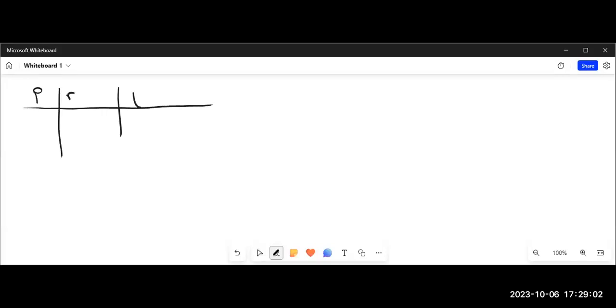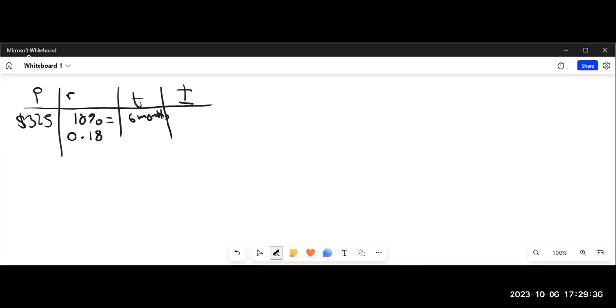Next problem has a principal of 325, a rate of 18%, and we're going to write that as 0.18. And T is 6 months. Notice the mismatch between the annual interest rate and the time in months here.